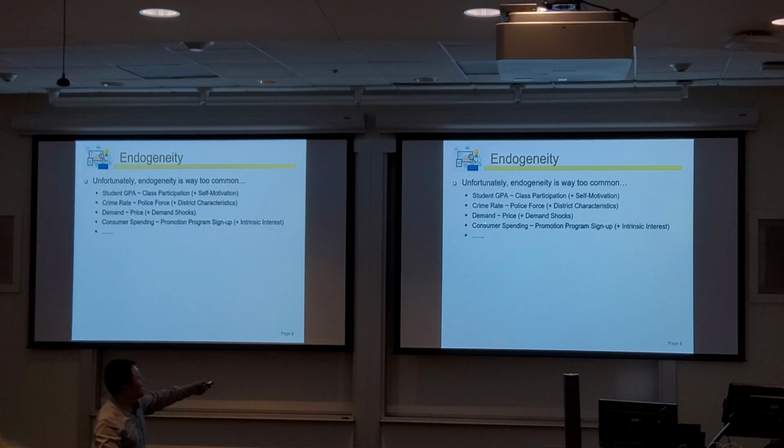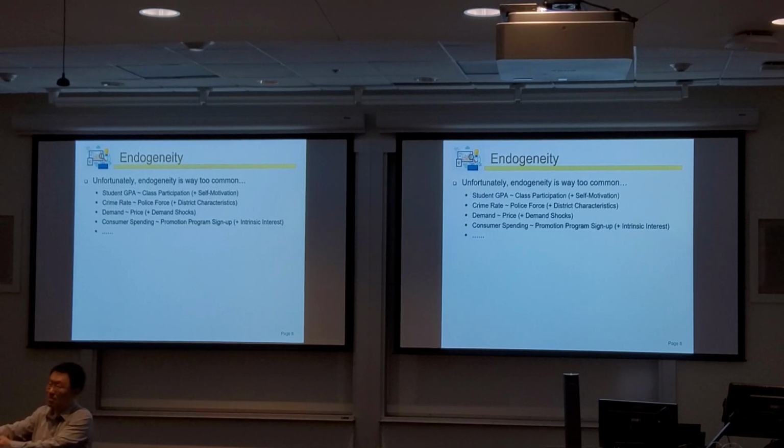All right, another example: demand and price. The demand of a product, the price of the product. If you collect the data over time, right? How does the price change? How does the demand change? You regress that. Supposedly, when you increase price, the demand should reduce, right? When you decrease price, the demand should increase, right?